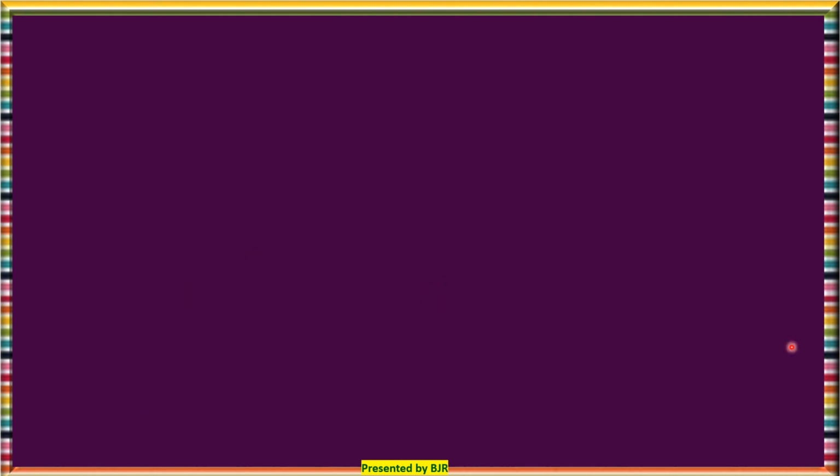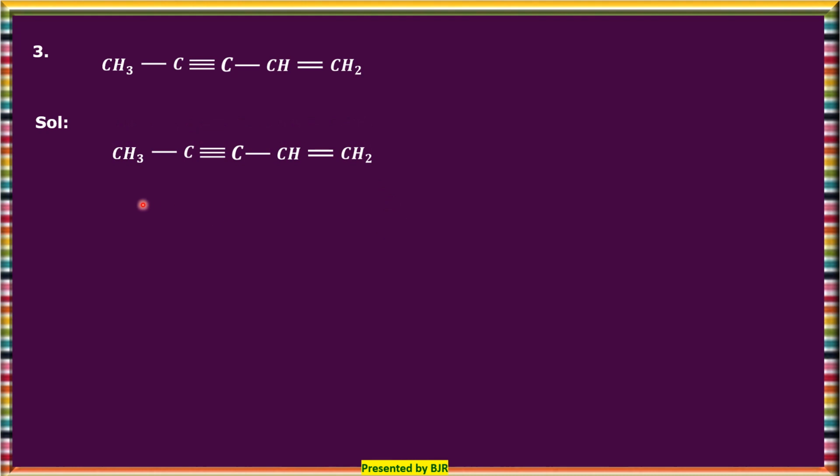Next, problem number 3. This is a molecule. We have to provide the IUPAC name for it. Let us number the carbon chain from left to right and from right to left also. Which way of numbering is correct? In order to know that, I am using the lowest set of locants rule.